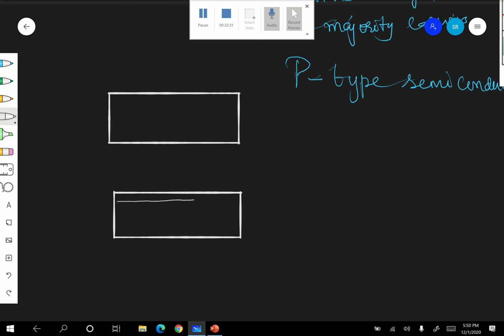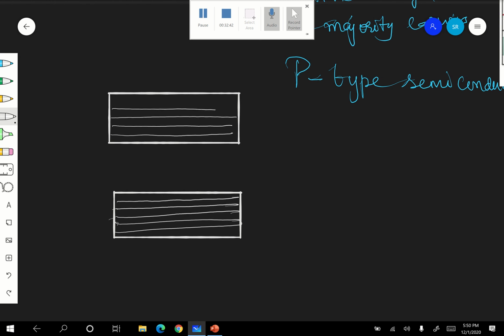See here, this is your valence band and this is your conduction band. Because of thermal excitation, 1 or 2 holes will be produced in the valence band, and that many electrons will be there in the conduction band, that we know.